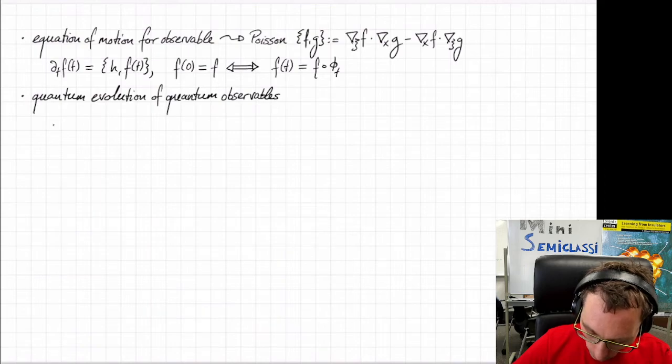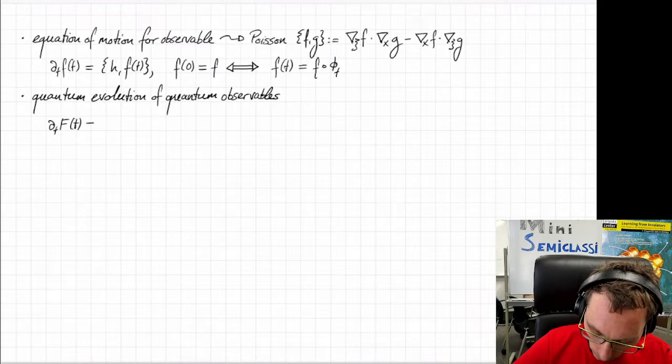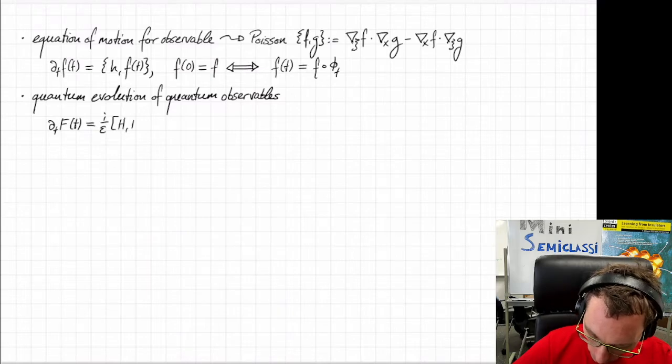So here the time derivative of the time evolved observable is i divided by epsilon times the commutator of the Hamiltonian with f of t.